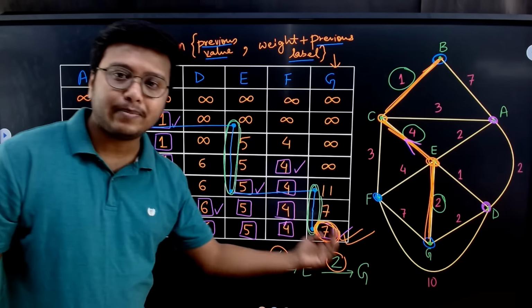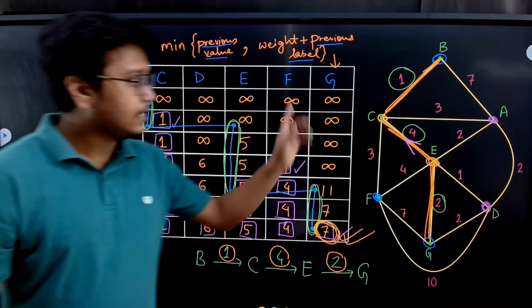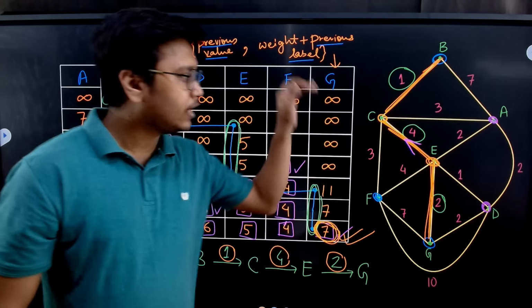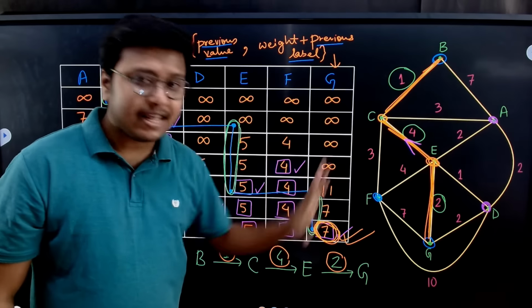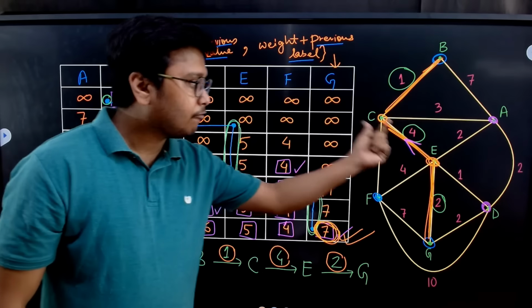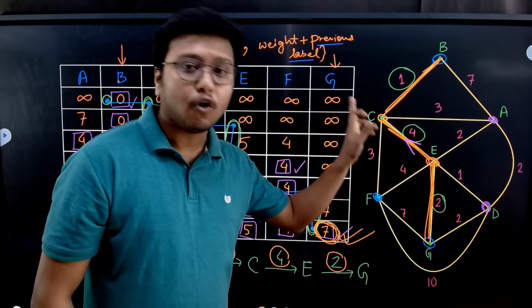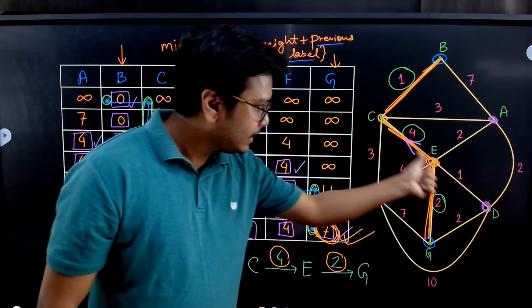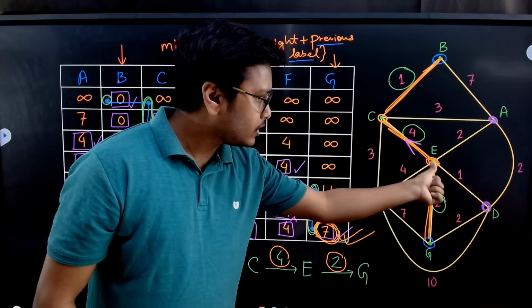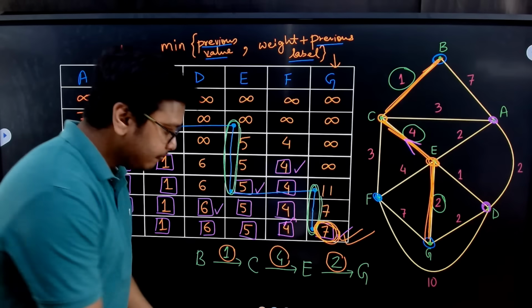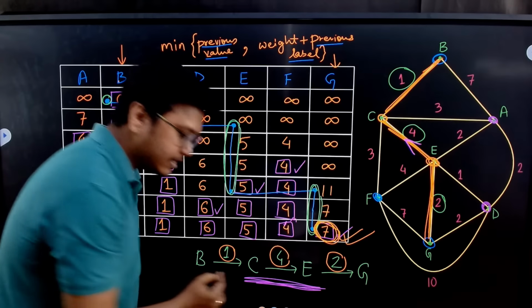Then this will not be the shortest path in that case. This is an undirected graph, that means we can go in any direction along any given edge. But if the graph was directed, we have to go along the directions and not in the opposite direction. So if the direction of this edge was E to C and not C to E, then we couldn't have gone along this direction.